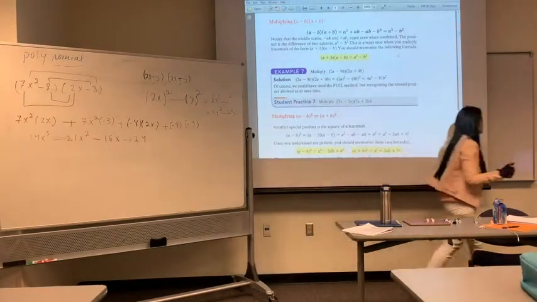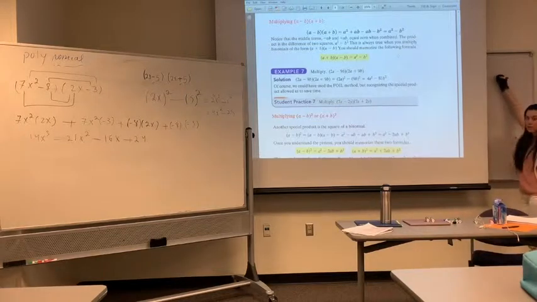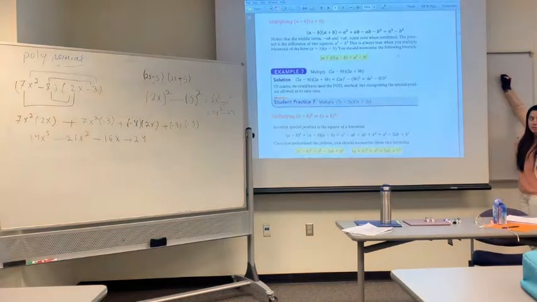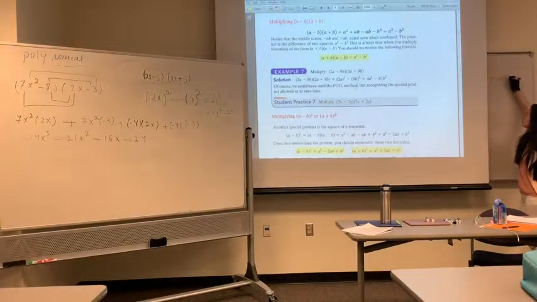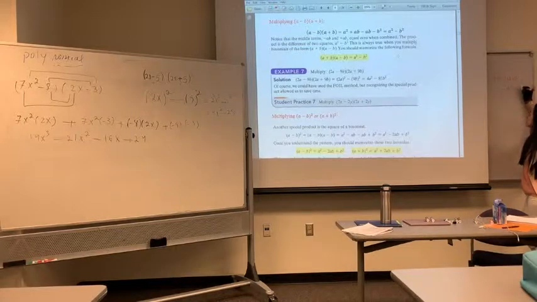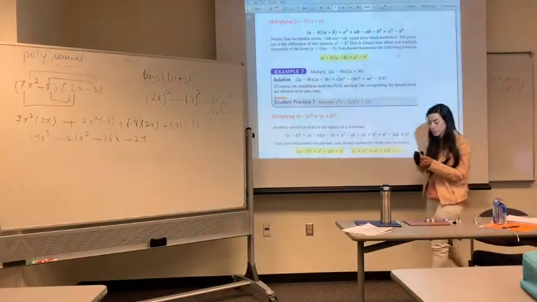So this will be the first formula we are using. A minus B multiplied by A plus B is equal to A squared minus B squared. Be careful with the sign. This is a negative sign. If you change it to positive, everything will be wrong. Okay? So this is the first formula we are going to use and learn in this chapter.